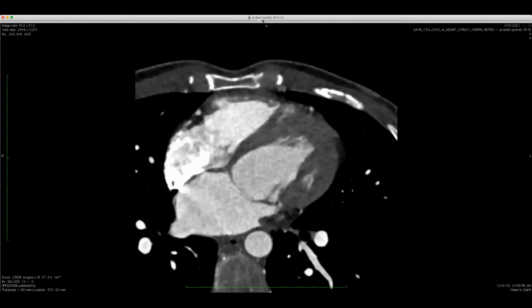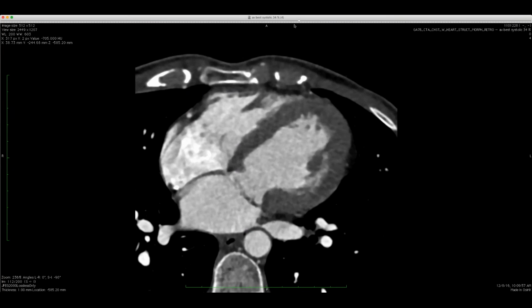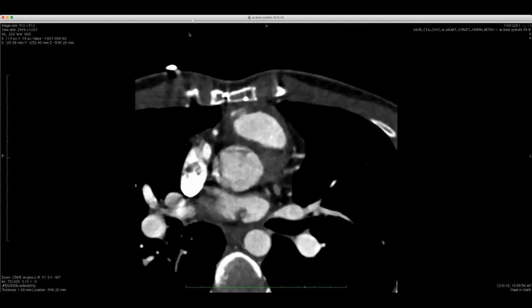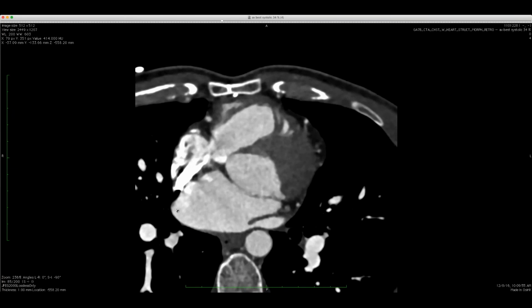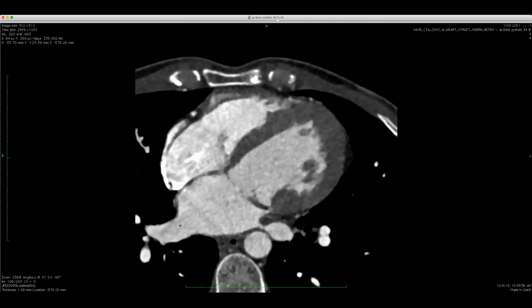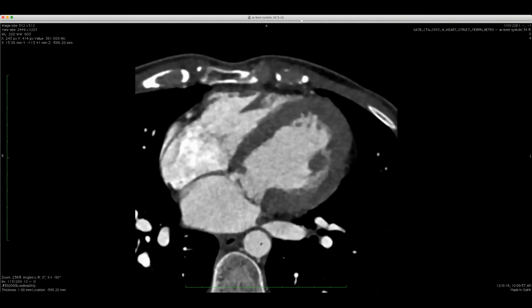They had this done on a remote basis. But what I'm really interested in here is if you look at the right pulmonary veins, they look very normal. But look at the left pulmonary veins here.